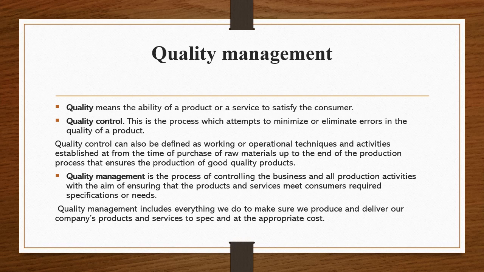So the process of controlling all business and production activities towards ensuring that the products and services which are being produced and provided to customers meet the required specifications or needs. If you remember, in our Unit 5, we talked about standards, and we talked about what is looked at for a product to be of good standard.